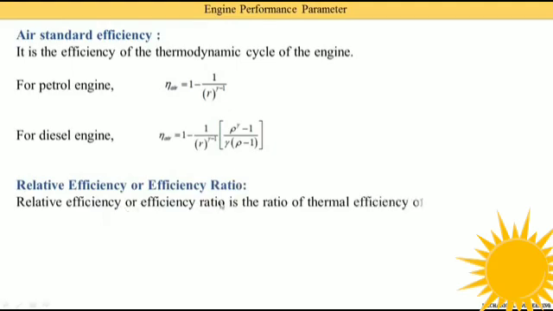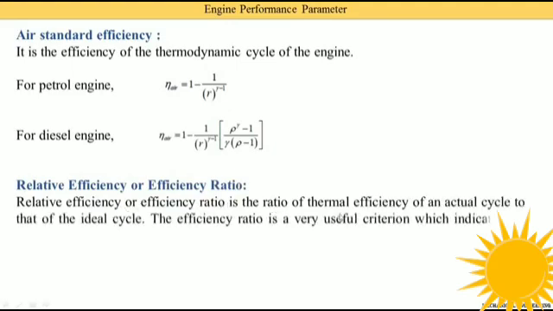Relative efficiency or efficiency ratio. Relative efficiency or efficiency ratio is the ratio of thermal efficiency of an actual cycle to that of the ideal cycle. The efficiency ratio is a very useful criterion which indicates the degree of development of the engine.